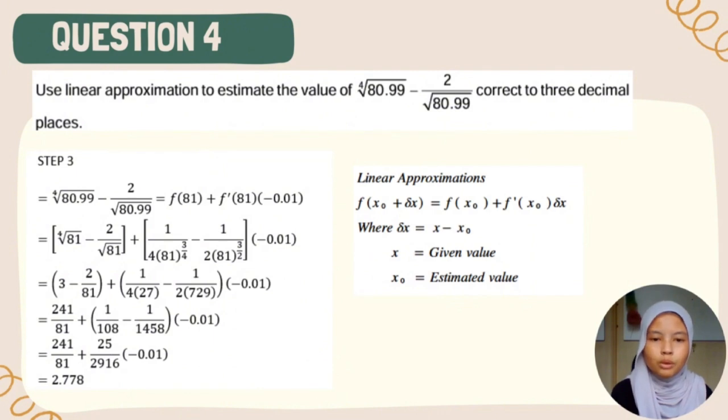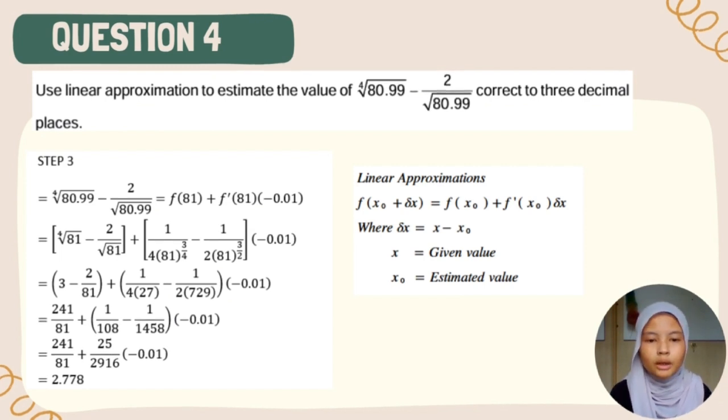After we substitute, we will get the answer is 3 minus 2 over 81 plus 9 over 4 in the bracket 27 minus 1 over 2 in the bracket 729, and then multiplied by negative 0.01.